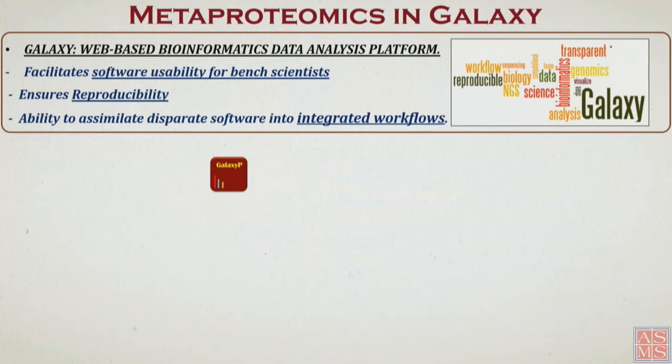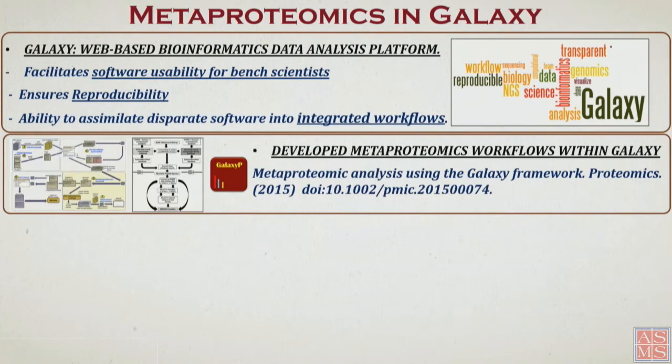So basically, anybody who is not a bioinformatics expert can still use some of the tools and workflows that are available in Galaxy. It ensures reproducibility, so you can use these workflows for multiple replicates. You can assimilate multiple software and put them into workflows, and then that actually helps you to run this analysis in a seamless manner. We developed some workflows for metaproteomic analysis, and we published this in 2015.